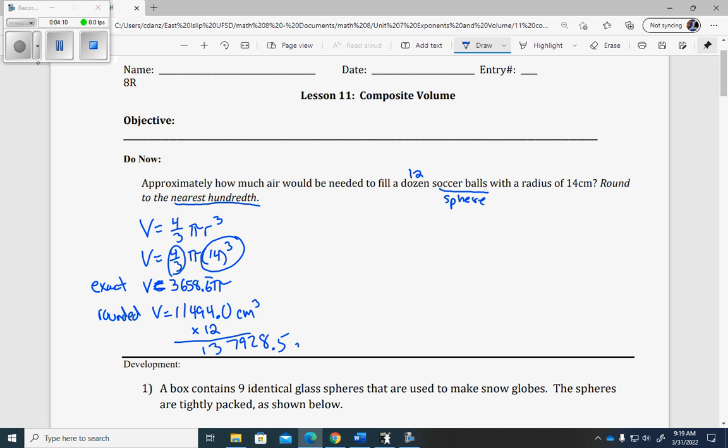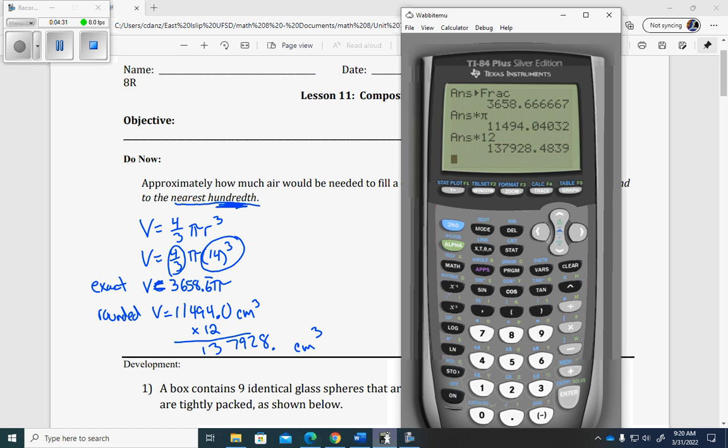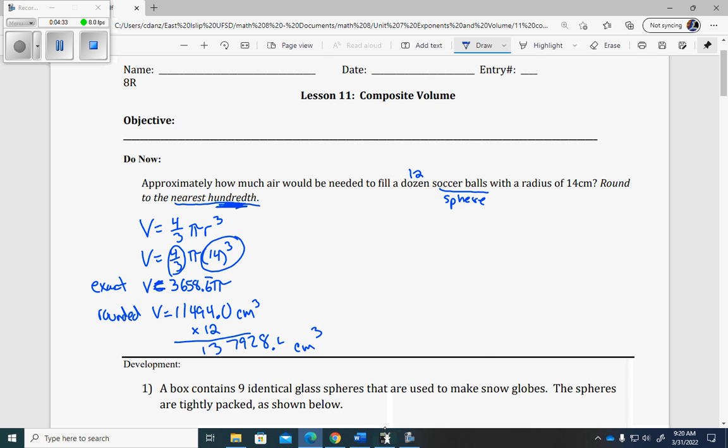And the units are centimeters cubed. I'm just rereading, and it says to the nearest hundredth, so I'm actually going to fix this 0.5. Because if I go to the hundredths place, it's actually 0.48. So I'm glad I reread.